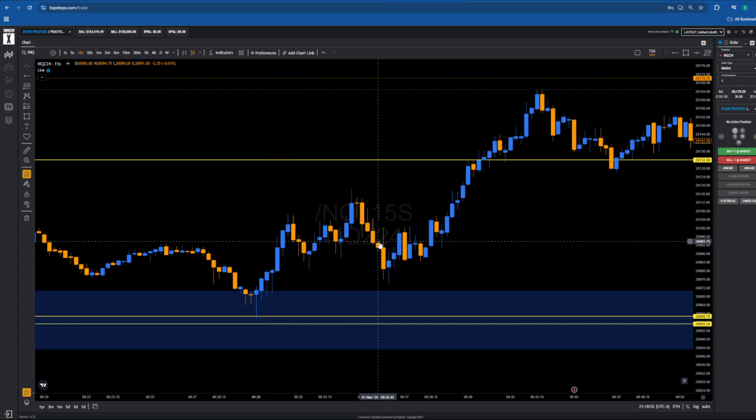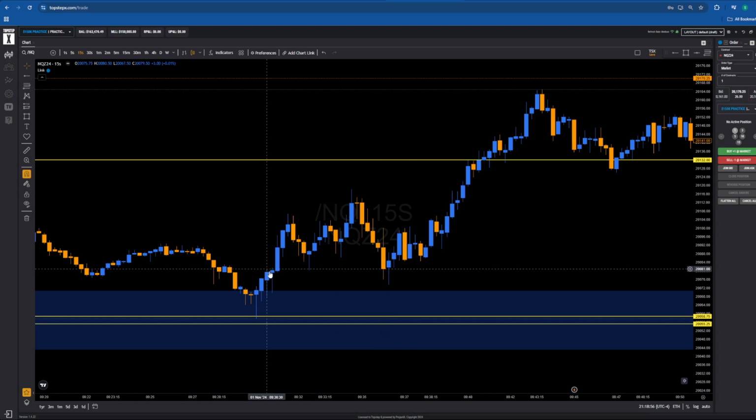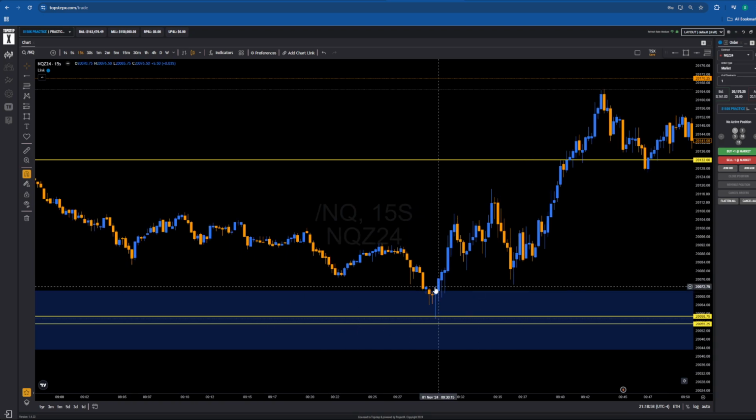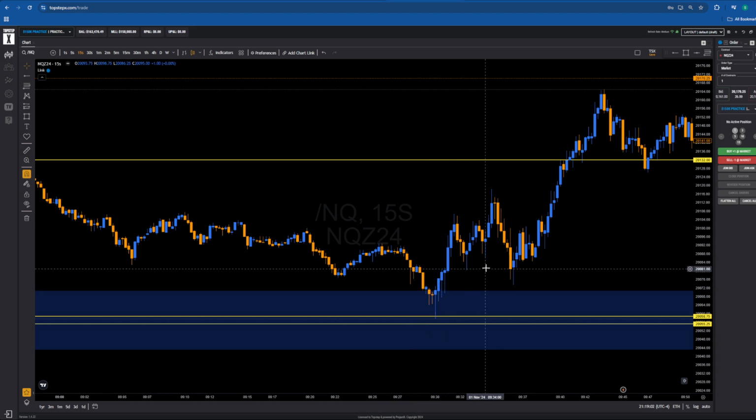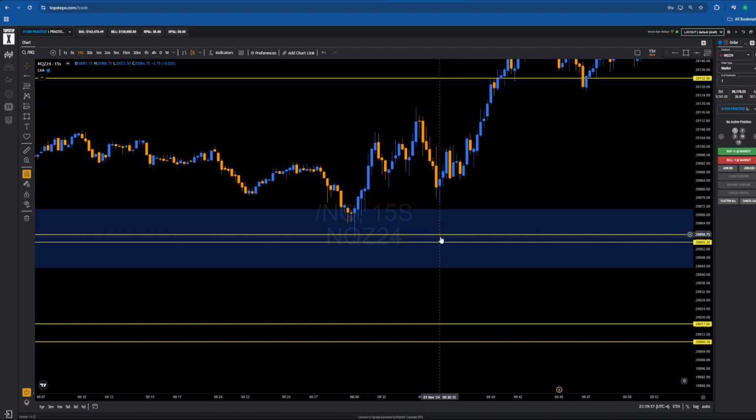But market gave that one down move to clear out these equal lows. Basically, the swing points, these pretty close to each other. So market came and cleared these out. And again, if market had to come down and clear all these lows, right?